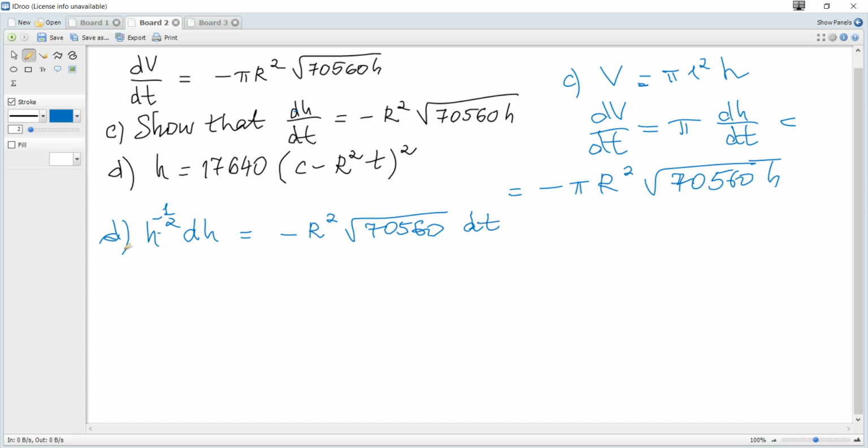Then integrating both sides, we have x to the power of n, and the integral is equal to what?